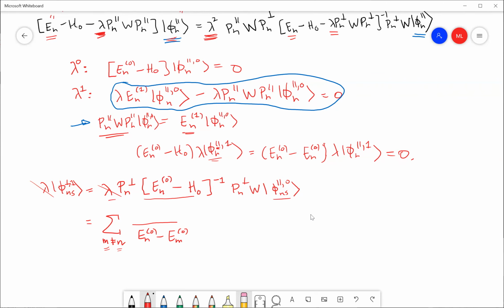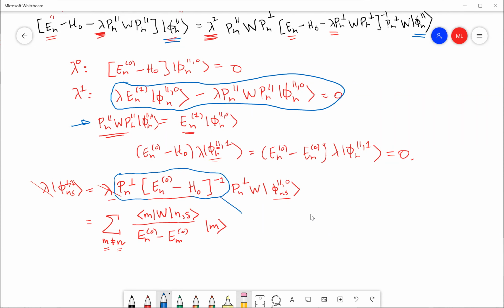So then the matrix element that we want is just W acting on this, and it's n comma s. And again, we need the ket here, because this operator here is just this right here.